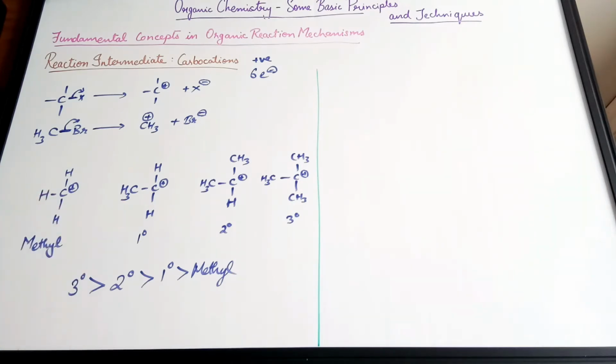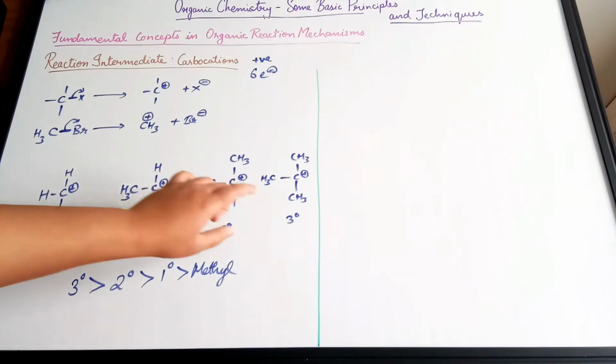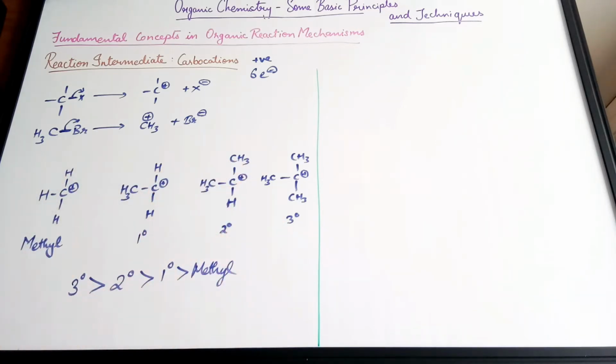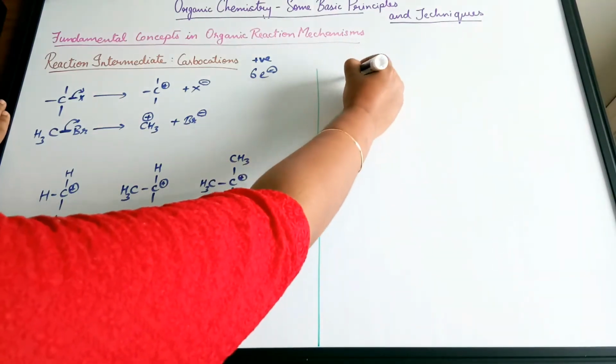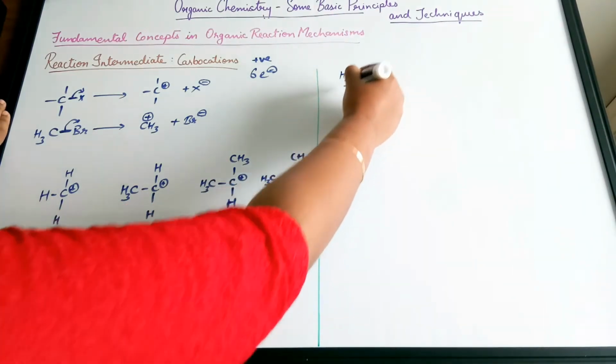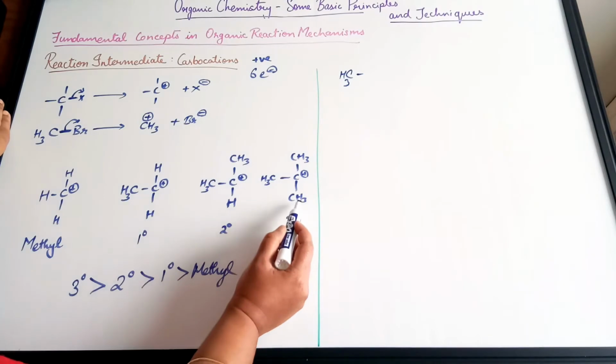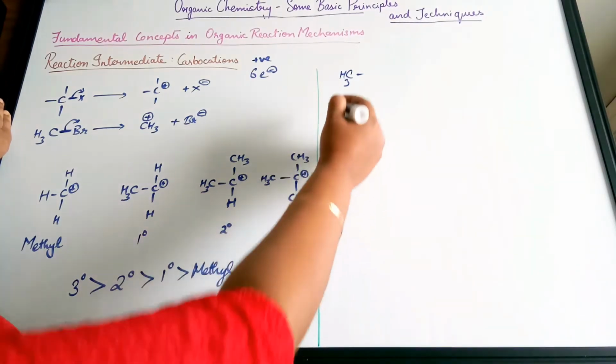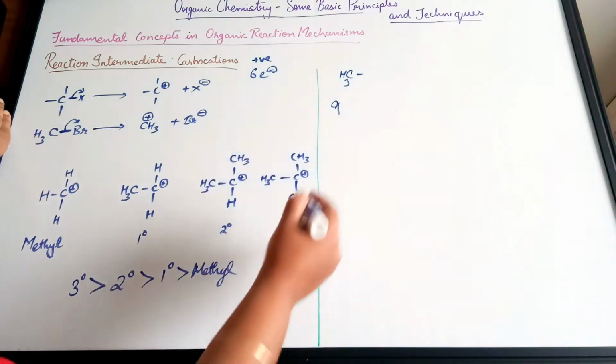The stability of the carbocation can also be explained with respect to hyperconjugation. Now I will draw the hyperconjugation structures for tertiary. In the tertiary case, the number of hydrogens present is 3 plus 3 plus 3, that's 9 alpha hydrogen atoms.